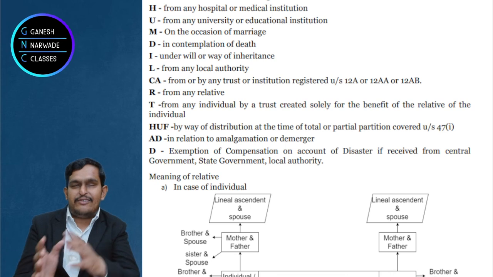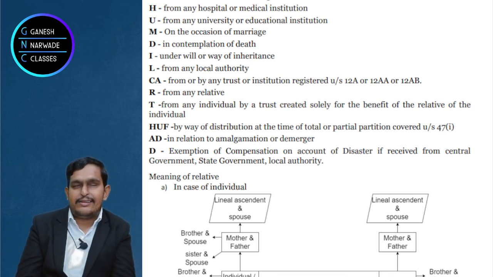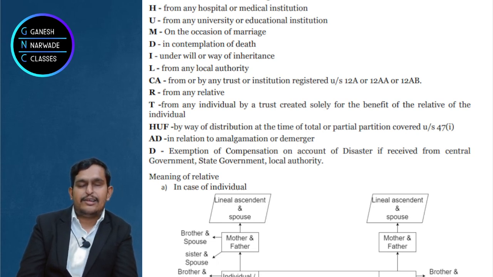If a private trust is created for the benefit of the family members, then any gift given to that private trust is also not taxable. Given by that private trust is also not taxable.